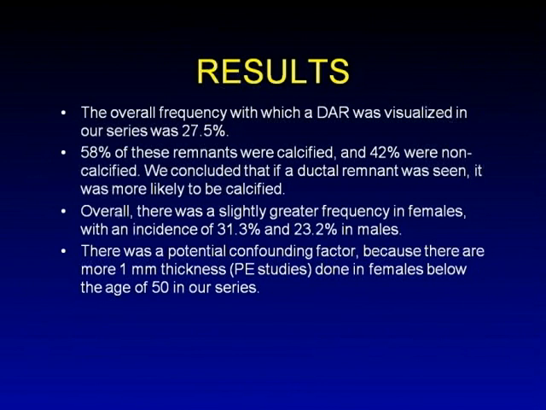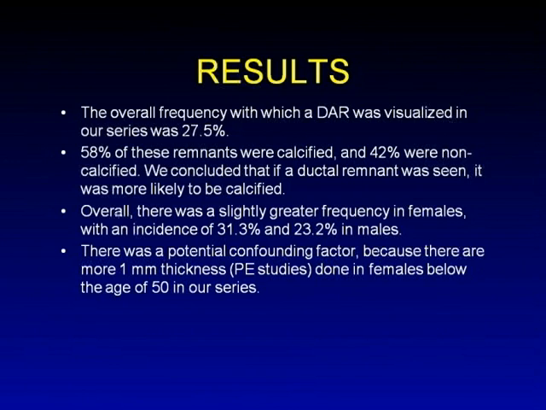So in summary, the overall frequency with which the ductal remnant was visualized in our series was 27.5%. Of these, 58% were calcified. Therefore, we concluded that if a ductal remnant is seen, it is more likely to be calcified. There is overall greater frequency of visualization amongst females, with an incidence of 31.3% compared to 23% in males.